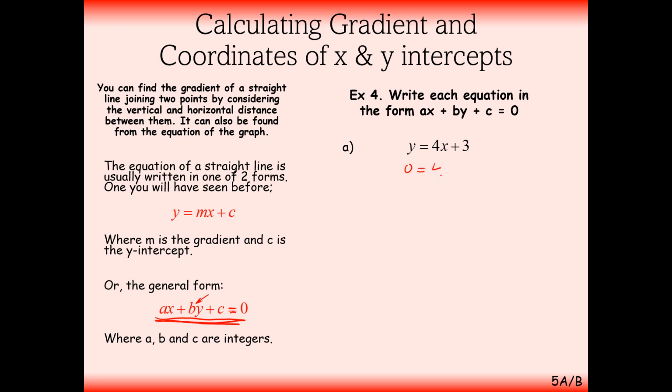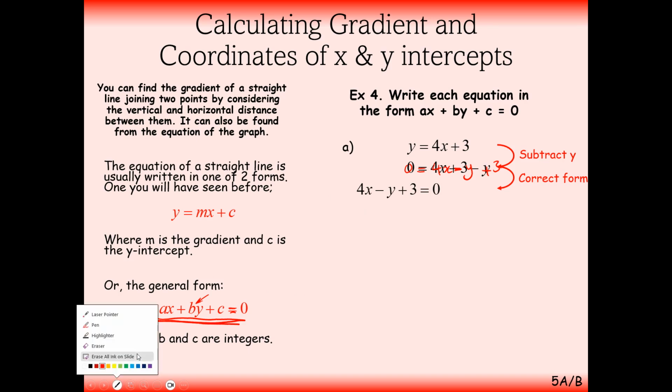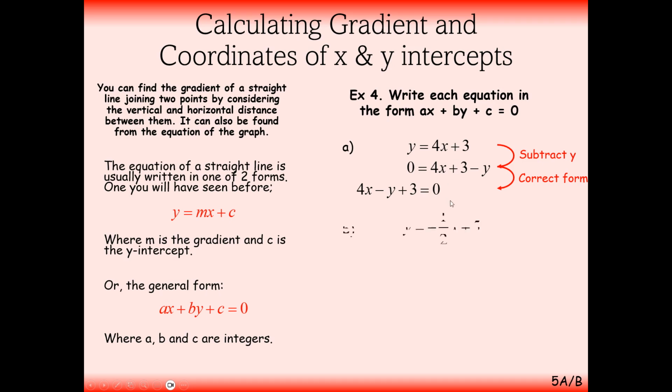So that's one way of writing it: 4x minus y plus 3. I'll just squeeze y in between the other two. It doesn't matter which order you write it. So the number in front of y is negative 1. That's one way of writing it, and it's the same as writing it in this way. They're both similar. You get marks for writing either this line or this line, they're both correct.